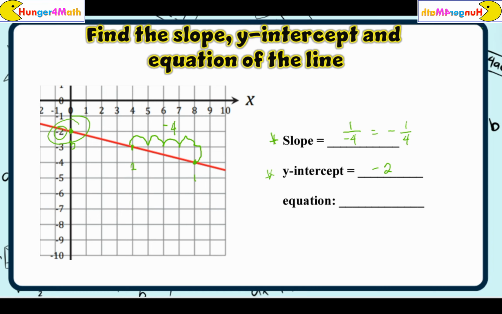Afterwards, we're going to substitute that to the equation of the line, which is y is equal to mx plus b. So it will be y is equal to m, or the slope is negative 1 over 4, then x, then the y-intercept minus 2. So here is the equation of the line.